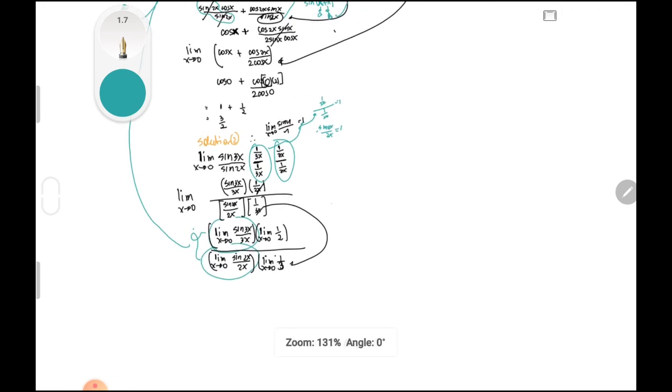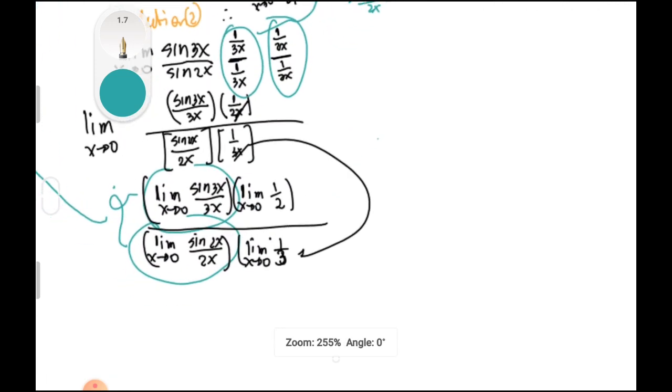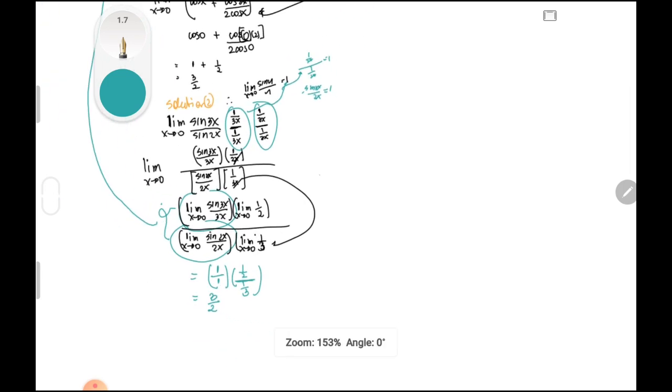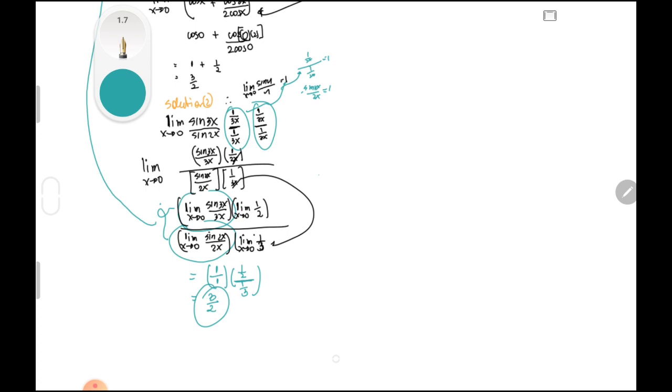So therefore we'll have 1 divided by 1, multiplied by 1/2 divided by 1/3, so the value is equal to 3/2. So they are similar.